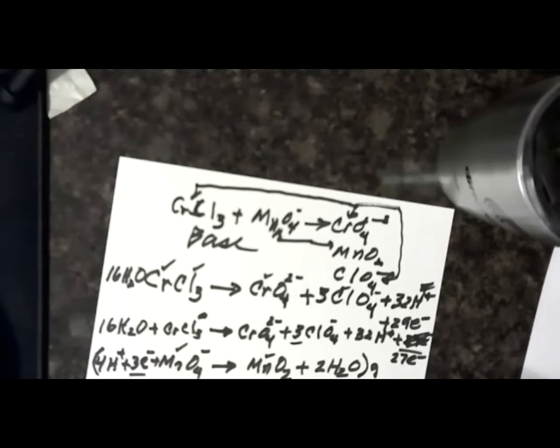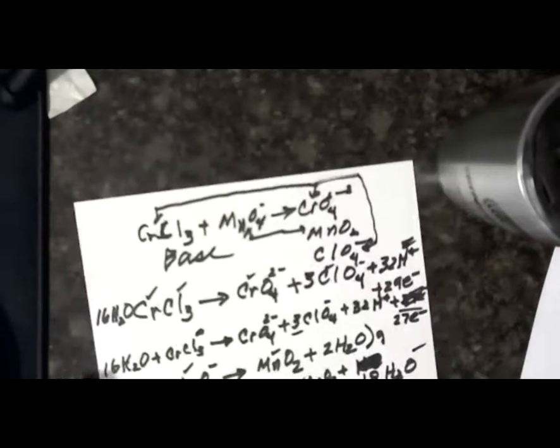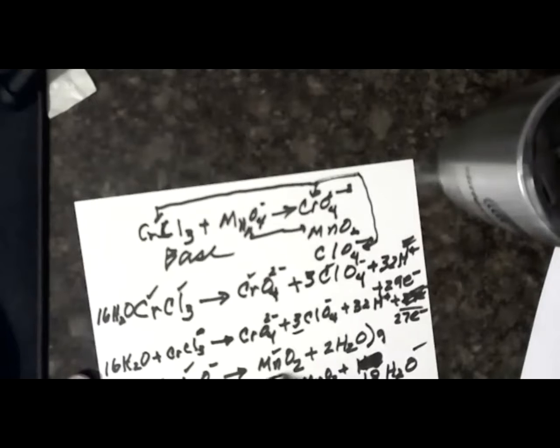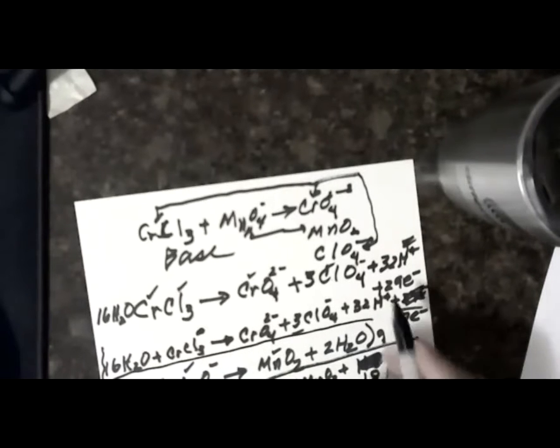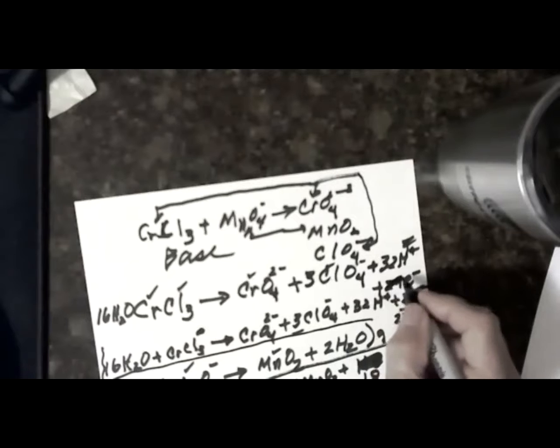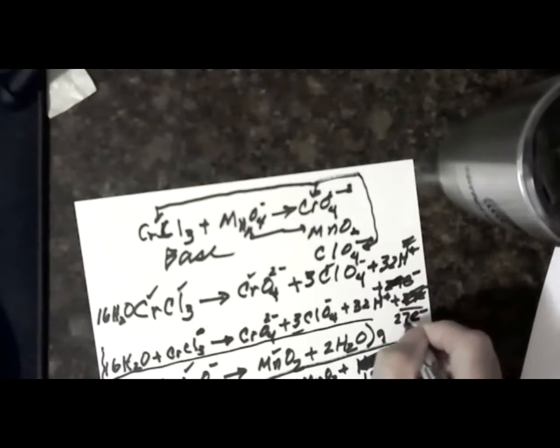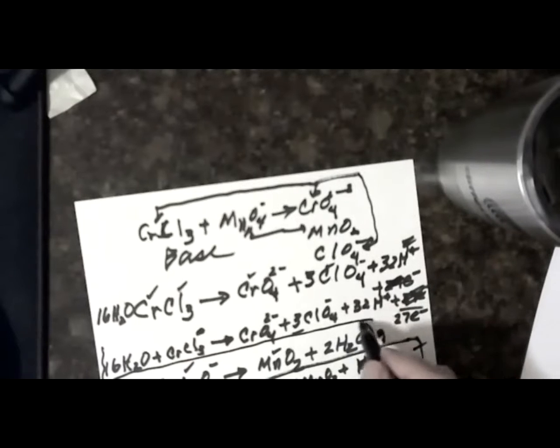Okay, so I'm pretty confident this is one of my half reactions. And this is my other half reaction. That would have been 27 also there. No, I've got it down here, 27.